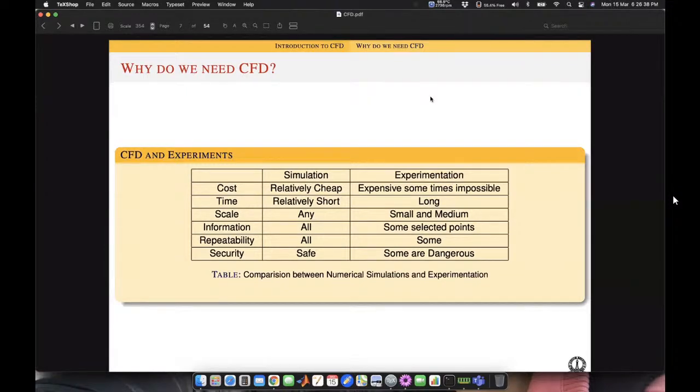If you look at these 6 parameters, we can see how a numerical simulation can overcome experimentation. But now we ask the question: are numerical simulations reliable? We can say that they are reliable, but the experiments that you do, that is the truth. That is the ultimate truth. It's like visualizing God. That's the truth that you're looking for.